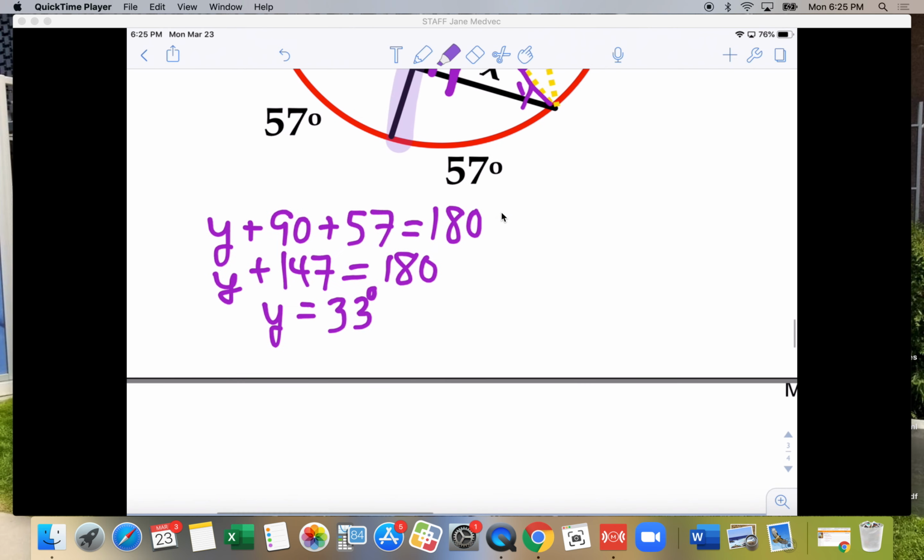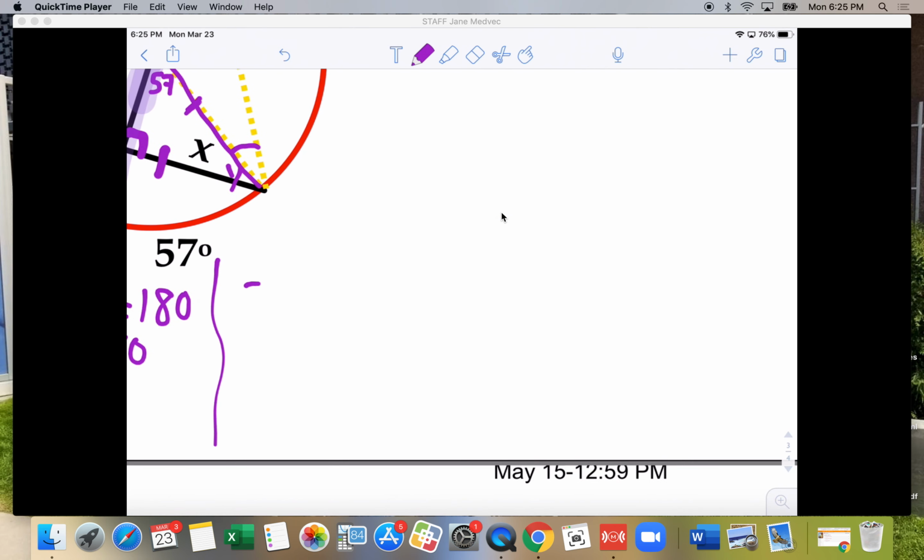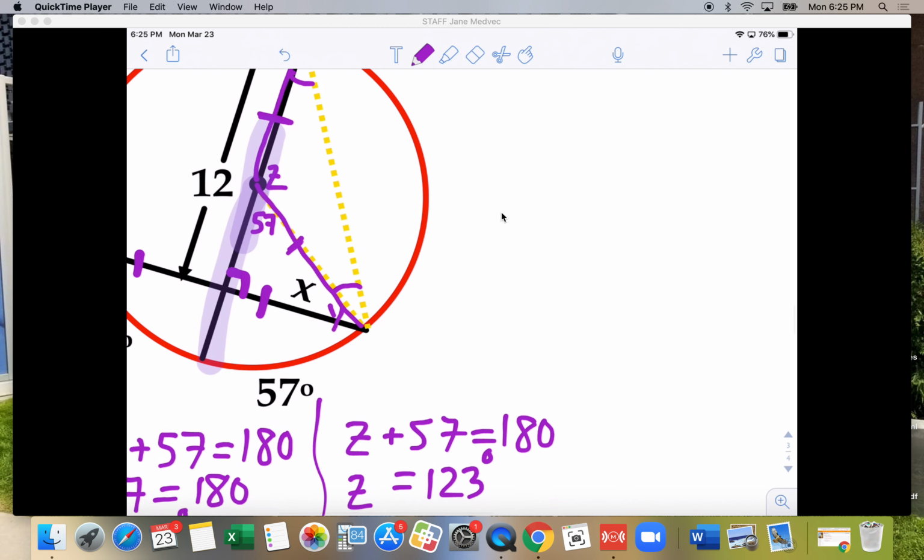And so Z plus 57, come over here, Z plus 57 equals 180 degrees because it's a line. So Z gives me 123 degrees. So that little piece right in here is 123 degrees.